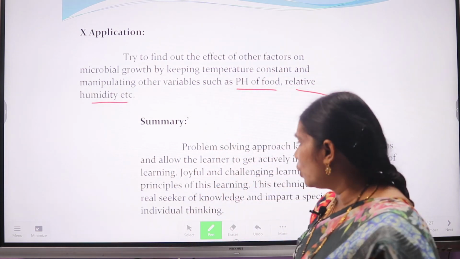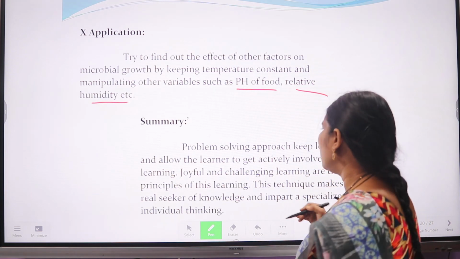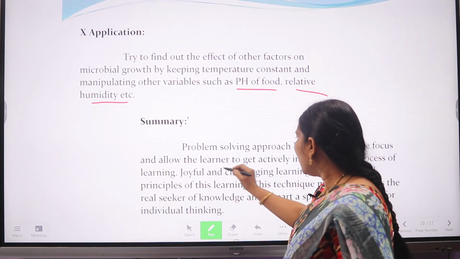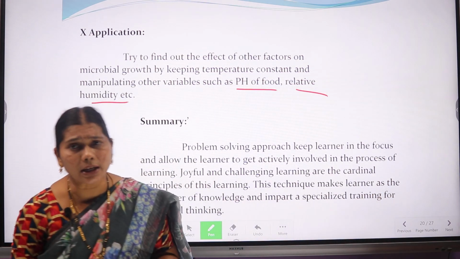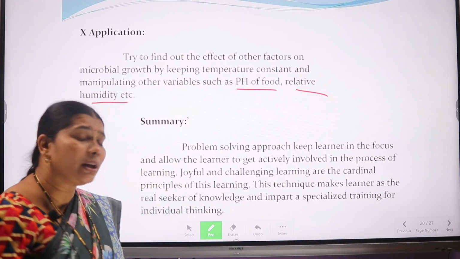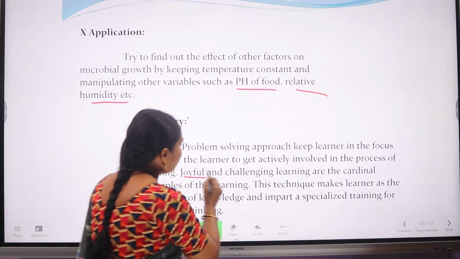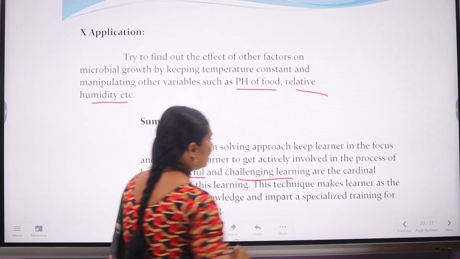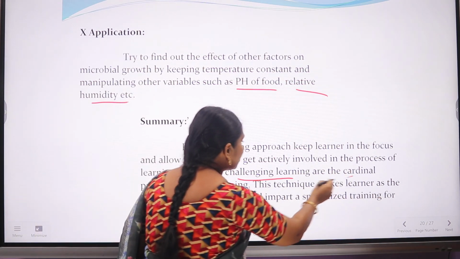So I can conclude that the problem solving approach keeps the learner in focus and allows the learner to get actively involved in the process of learning, because he is involving himself, and this creates joyful and challenging learning. These 2 are the cardinal principles of learning.